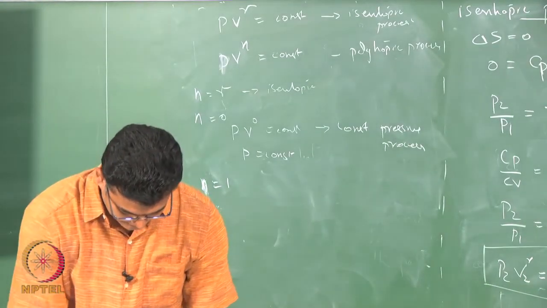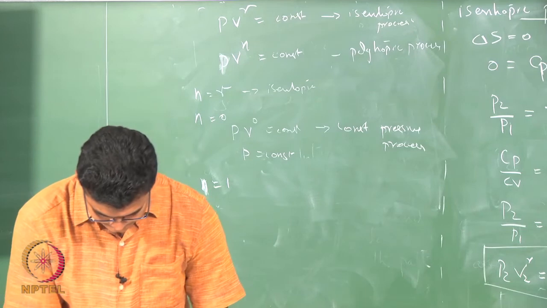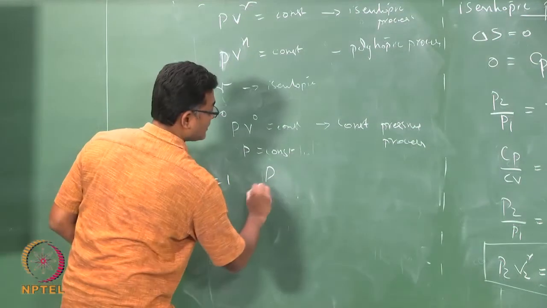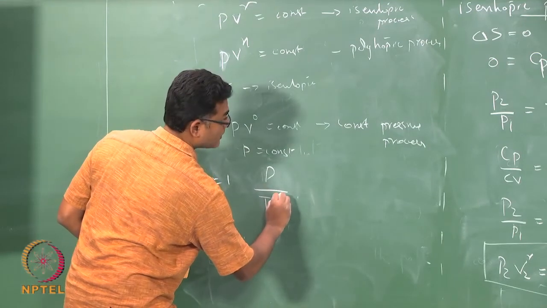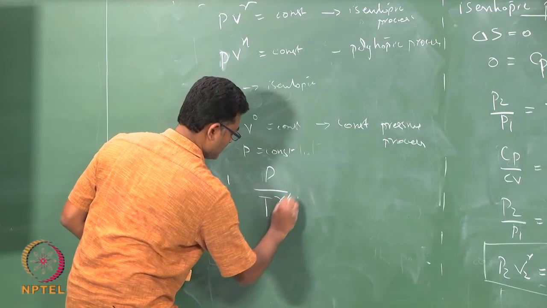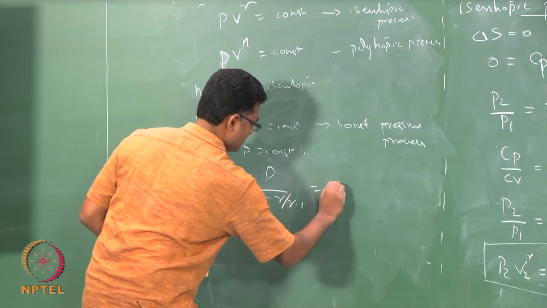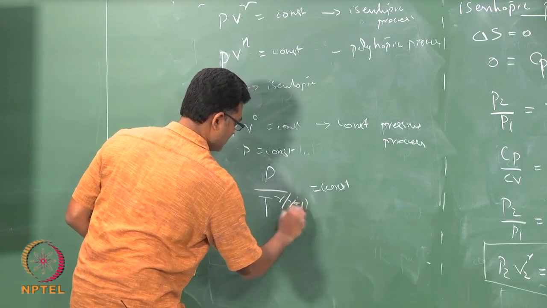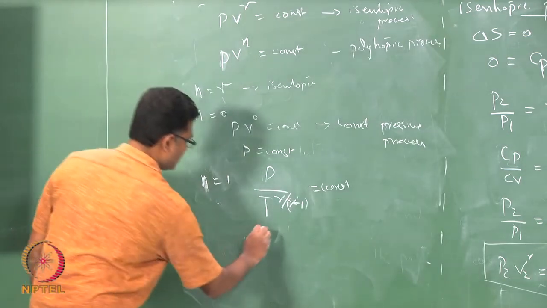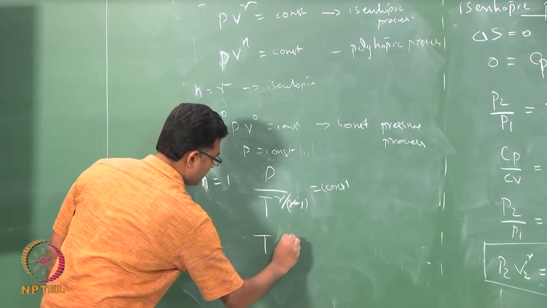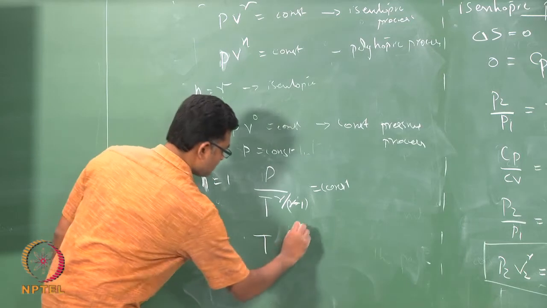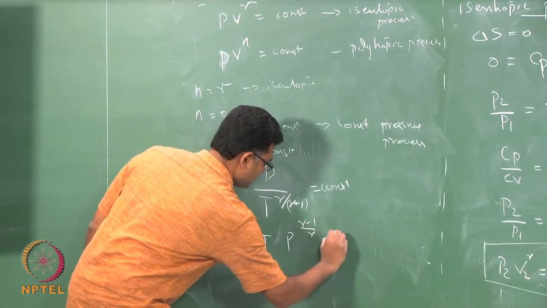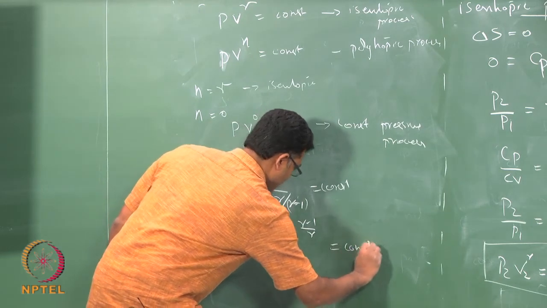It's a constant temperature process, which is PV constant, or T P to the power gamma minus 1 by gamma equals constant.